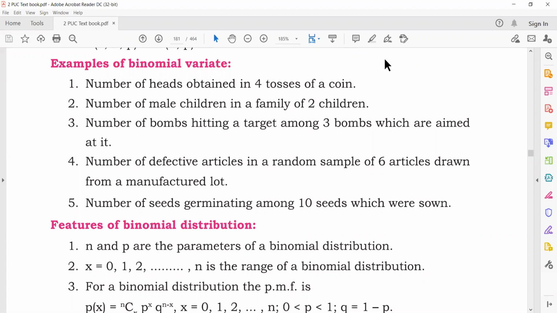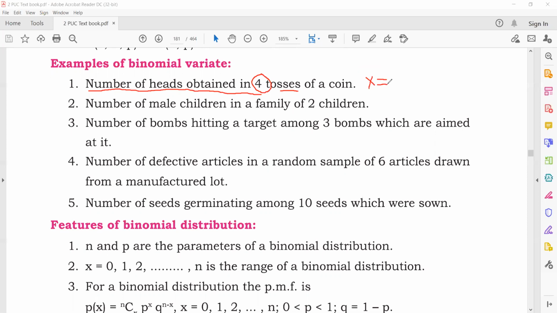Then the total number of heads or tails in those trials becomes a binomial variable. Now, when I say we are tossing four coins or four tosses of a single coin, they are almost one and the same. And if I say x is equal to the number of heads, then I am tossing four tosses together.